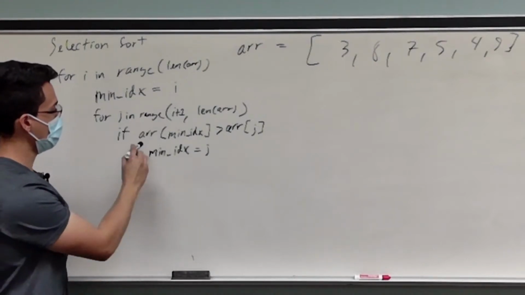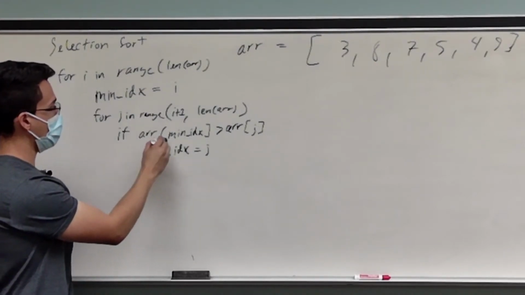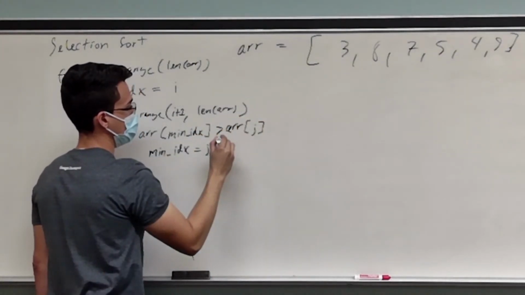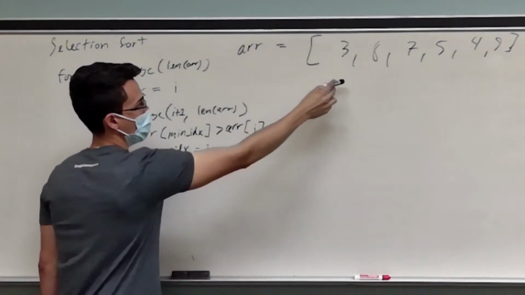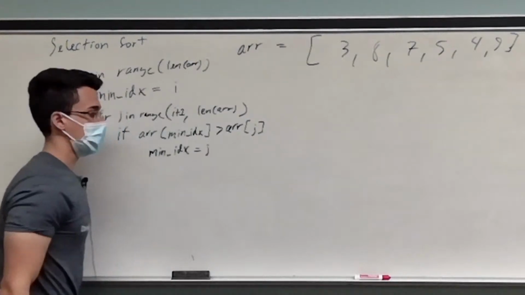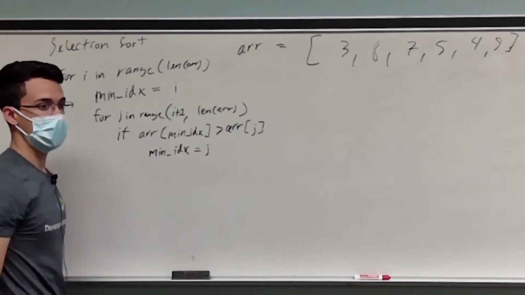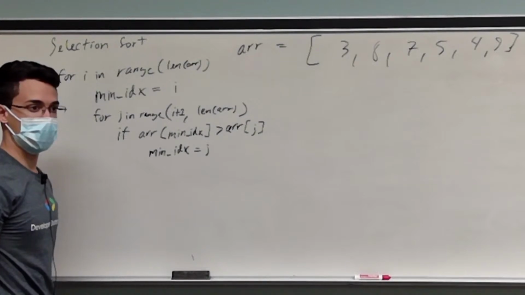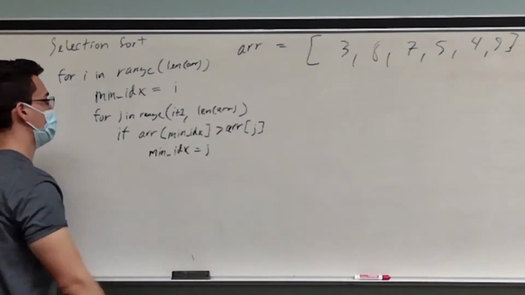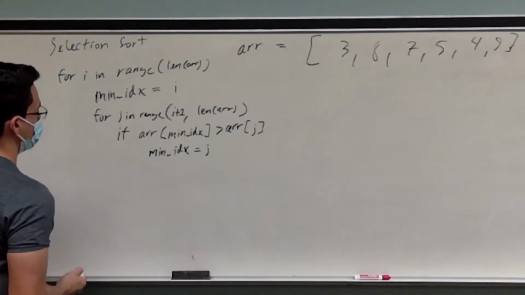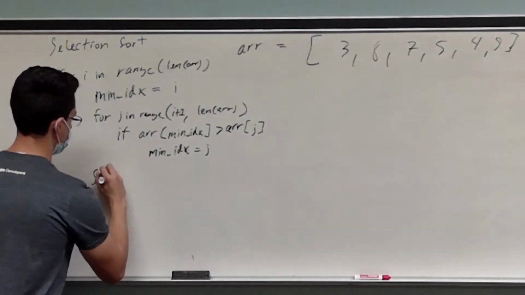If this value is smaller than the value that we're at, then the minimum index we find there is going to be equal to j. That makes sense? So we're trying to find where the smallest one is, and as soon as we find it, we swap.